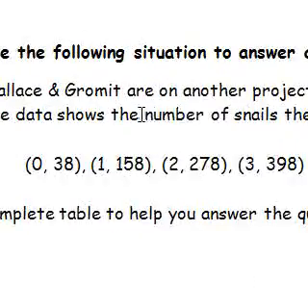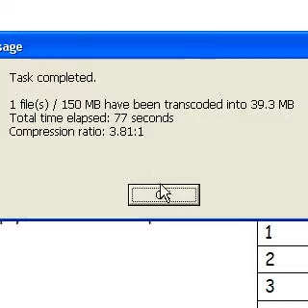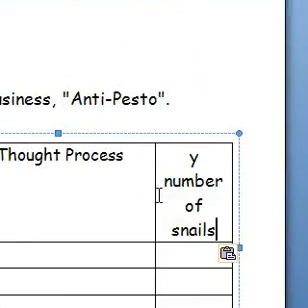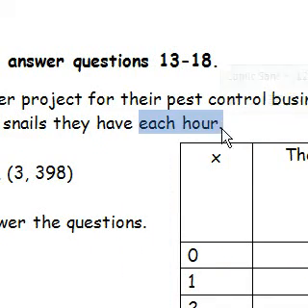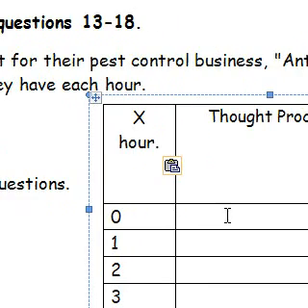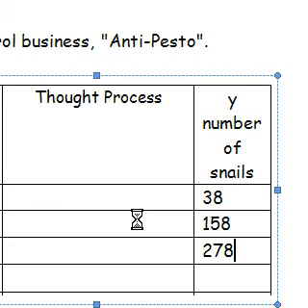It looks like we have the number of snails they have each hour, so the number of snails is our dependent variable, and it's dependent on each hour. At time 0 they had 38 snails. After 1 hour they had 158. 2 hours went by, they had 278. And 3 hours went by, they had 398.